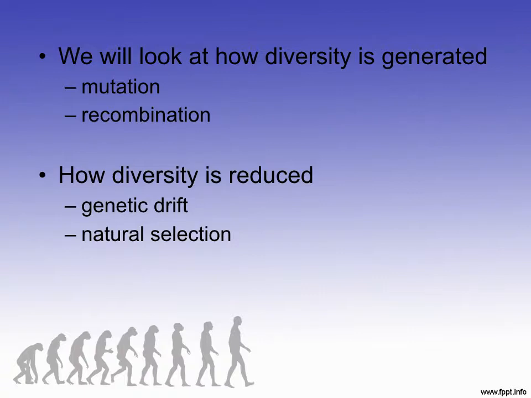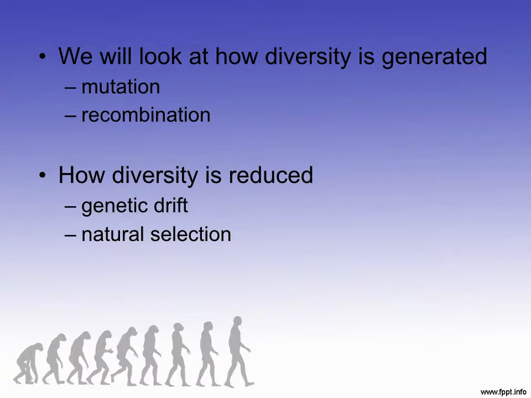But while we're looking at the forces, keep in mind that mutation and recombination generate and increase diversity within a population. And really, mutation is the only way that you can get brand new variation. Genetic drift and natural selection reduce diversity.